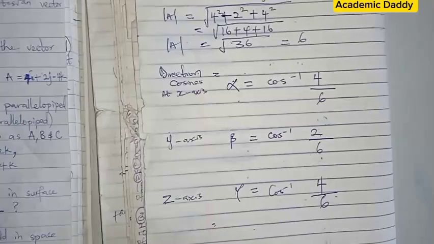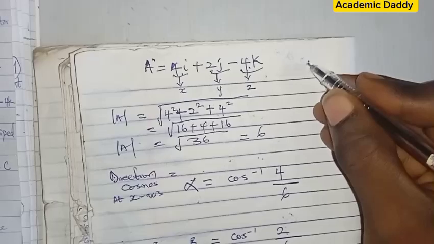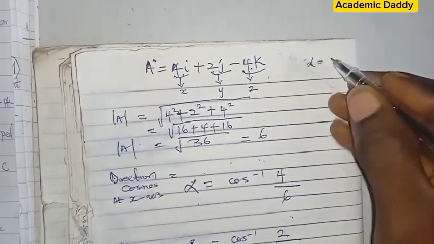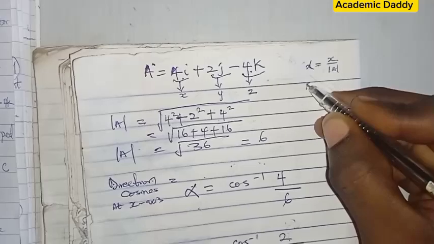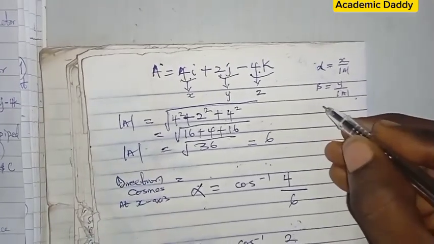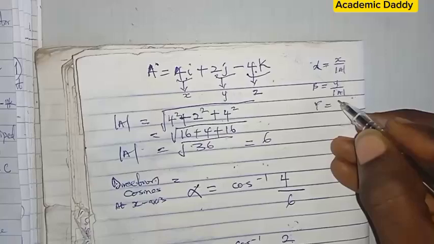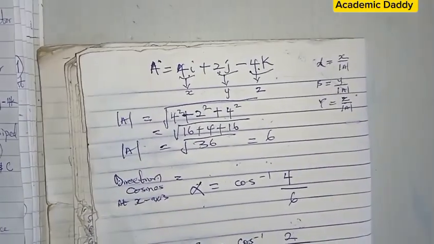By the time you punch this, you get the direction cosine. So the formula, in summary: for alpha, x all over the magnitude; for beta, y all over the magnitude; for gamma, z all over the magnitude.